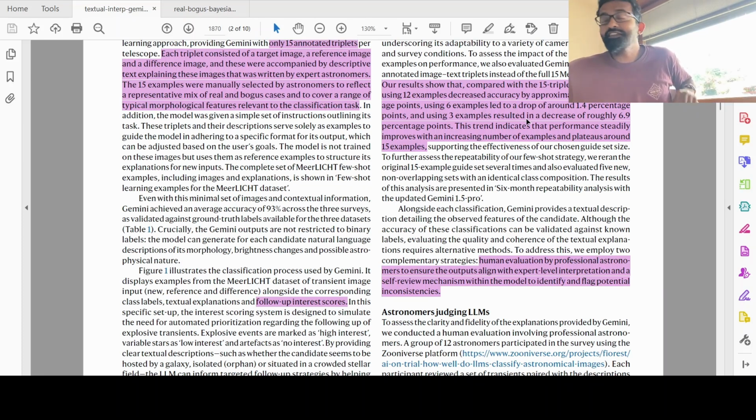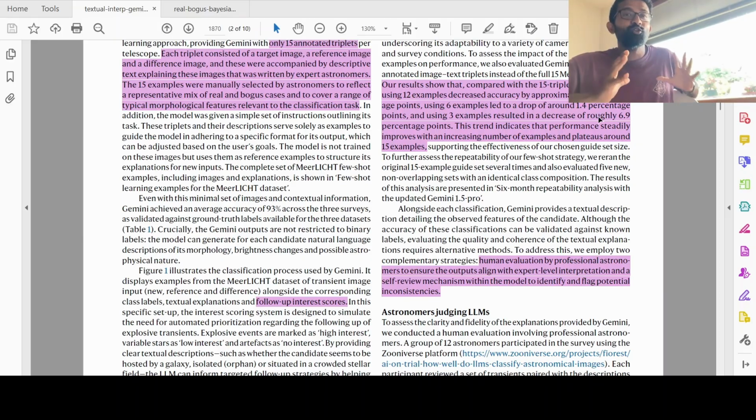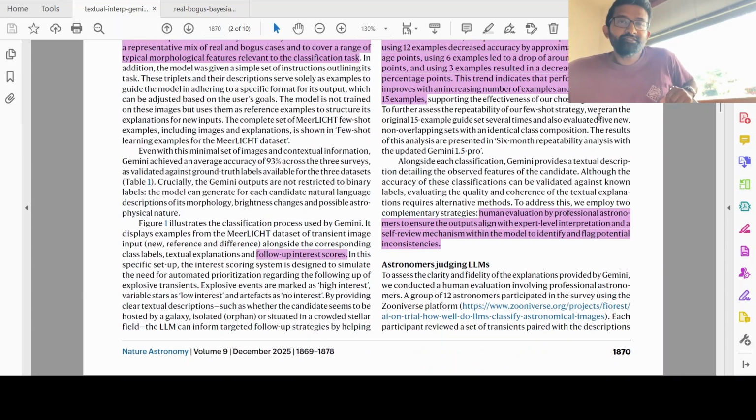It's not. Even with only 3 examples, the performance decreases just by 7%. So from 93% to something like 85%. So still with only 3 examples with Gemini, you could achieve 85% real-time classification of real and bogus transients. And that is insane. That is amazing.